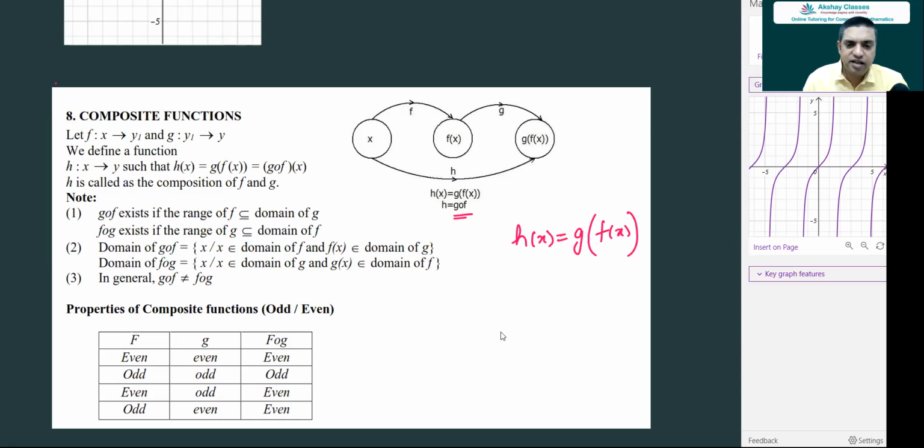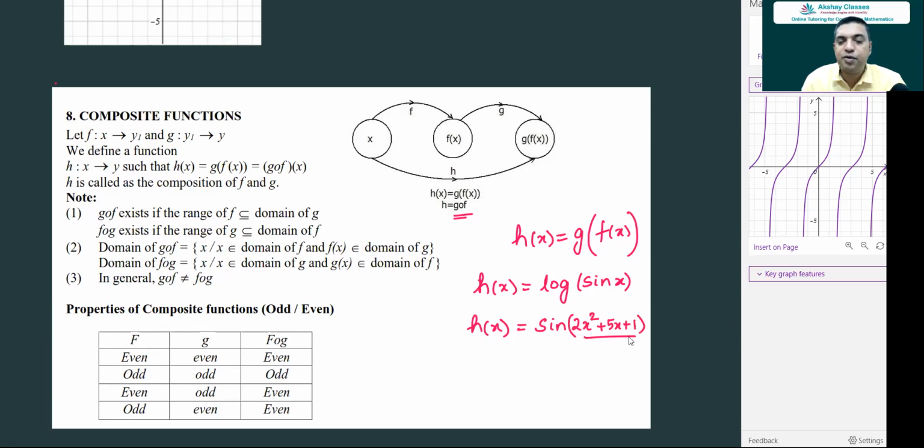So composite functions, and we deal with so many composite functions. Like for example, let's say your h of x is log of sin x. It's a composite function. Or h of x is sine of 2x square plus 5x plus 1.